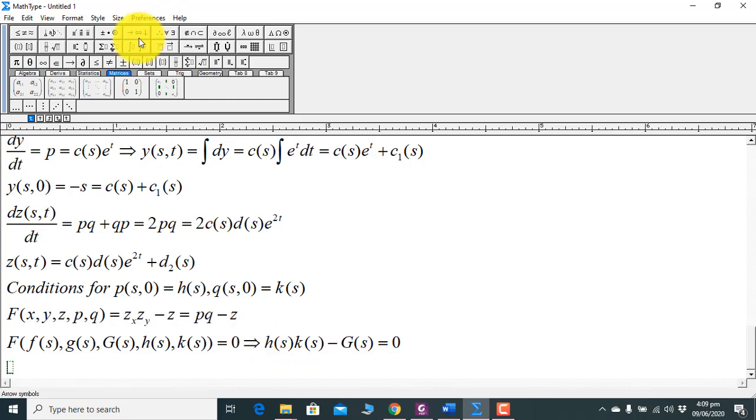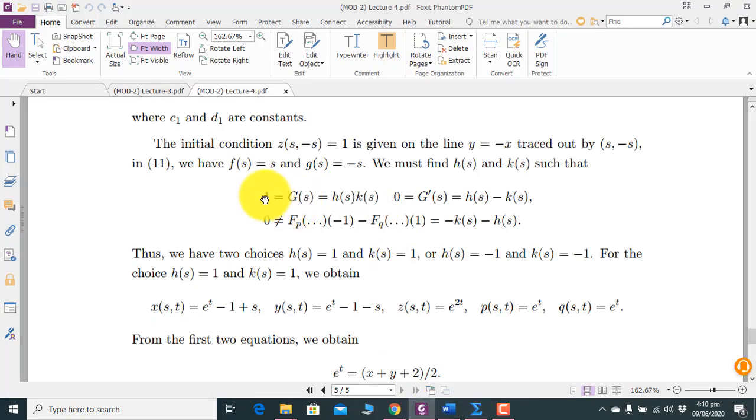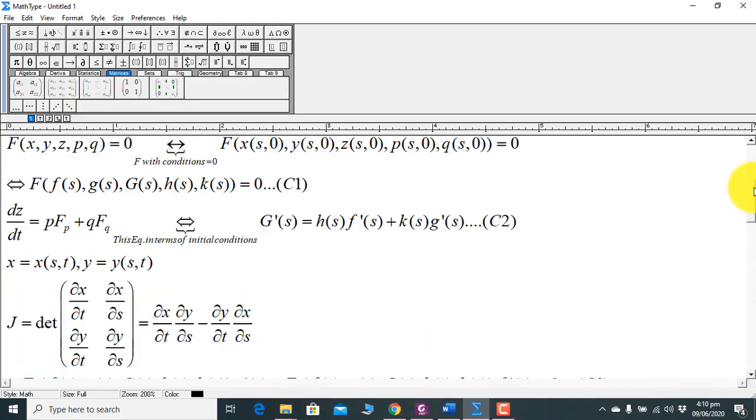So in the next step you can write H of s, K of s is G of s, which is 1. So this has been written there. You don't know H and K, but H and K will be multiplicative inverses of each other. The second condition was, look back at the original form, G prime.